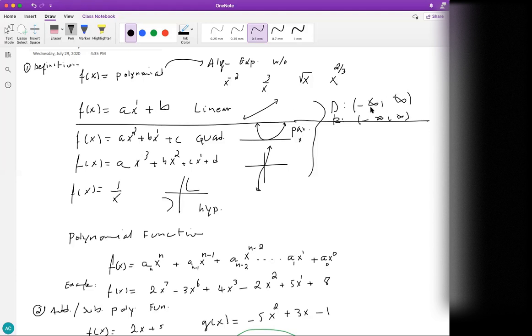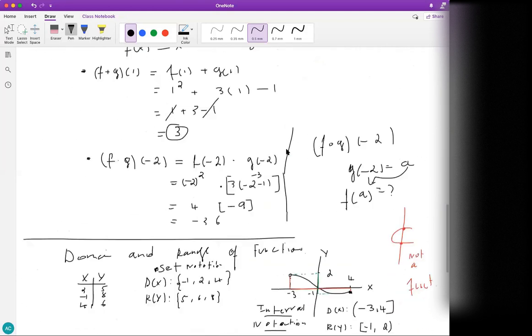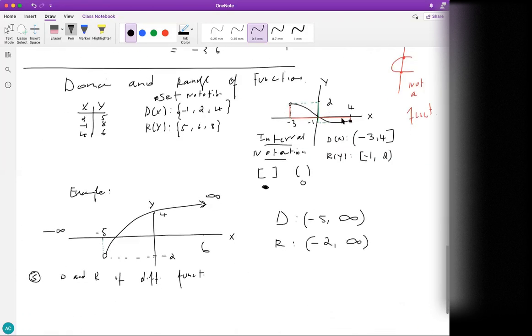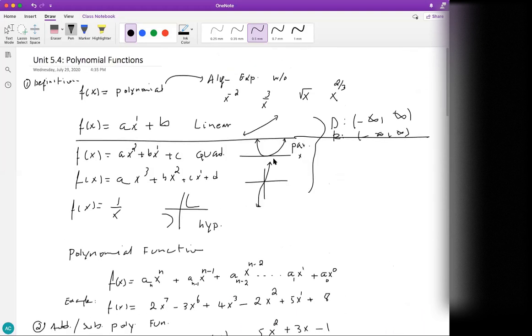That's why both the domain and range are not limited, they don't stop. It's not like this graph, for example. Unlike this one, which is limited here between -3 and 4, -1 and 2. But with arrows, for linear functions, both domain and range are from negative infinity to positive infinity. So you don't have to do any math, solve or graph. Whenever you see a linear function, you can write this immediately.